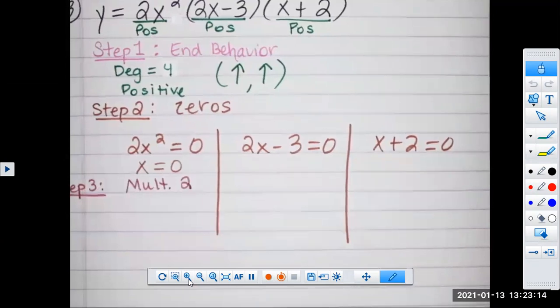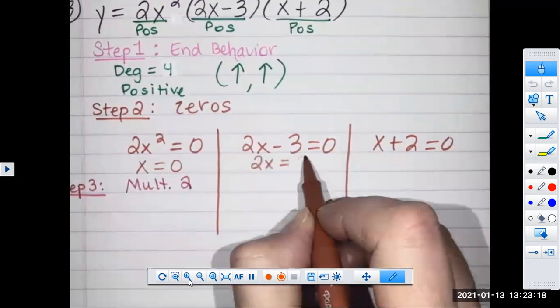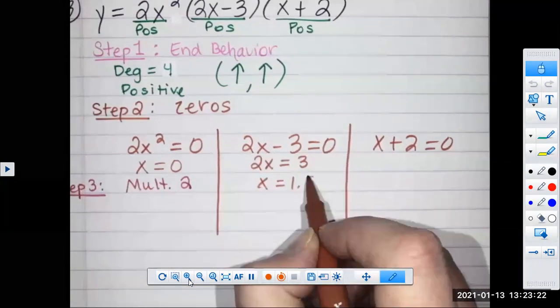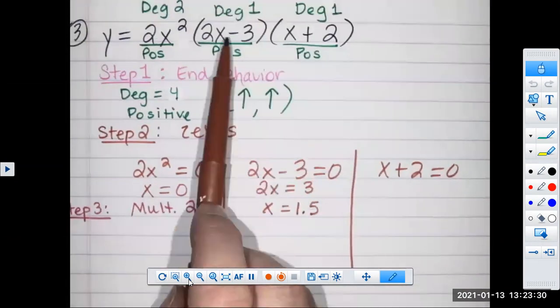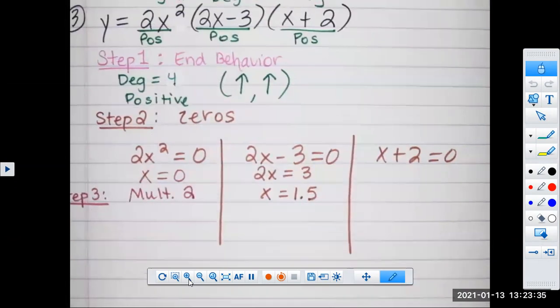All right, in the middle, if we solve this for x, you get x equals 1.5. How many times did 2x minus 3 occur? Good. It's got a multiplicity of 1.